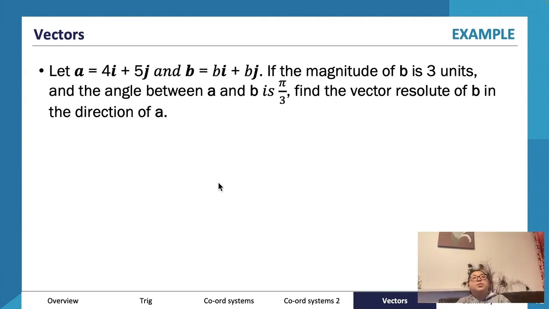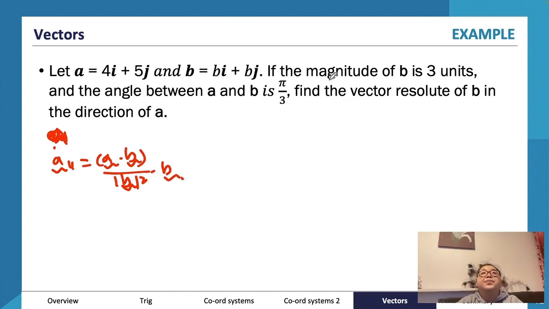Alright, so let's write. I like this one, so I like to go A parallel will equal A dot B over the magnitude of B squared, times B. I like to do that one because I think it's the easiest.